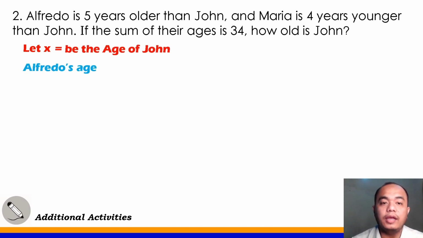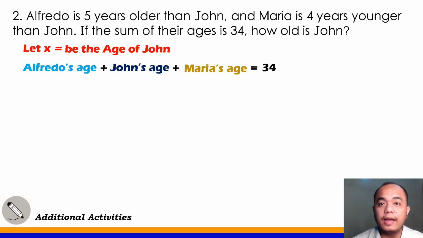And, take note, if we add Alfredo's age, John's age, and Maria's age, will give you 34. Diba? Now, isa-isahin natin class para malinaw sa inyo ano ang magre-represent ng age ni Alfredo at saka age ni Maria. Alam naman natin ang age ni John will be represented by variable x.